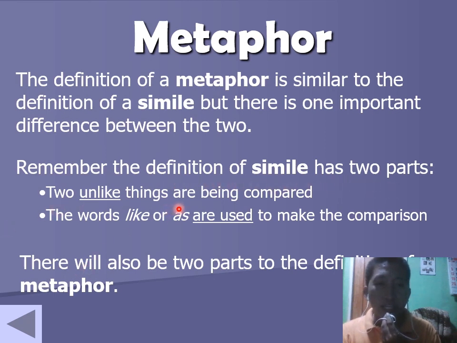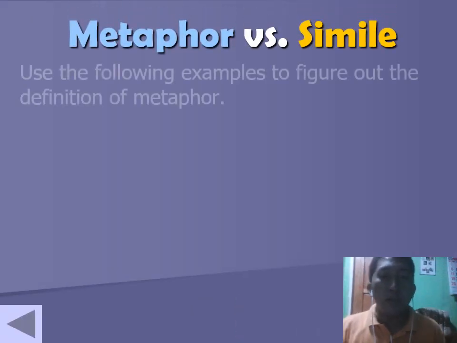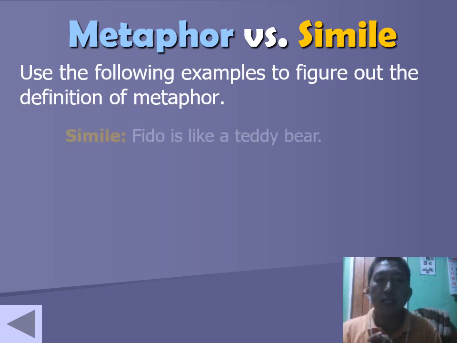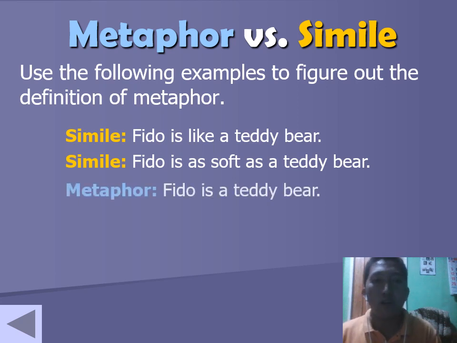Two unlike things are being compared. Then, the words like or as are used to make the comparison. There will also be two parts to the definition of the metaphor.